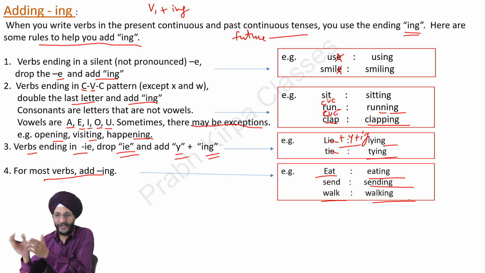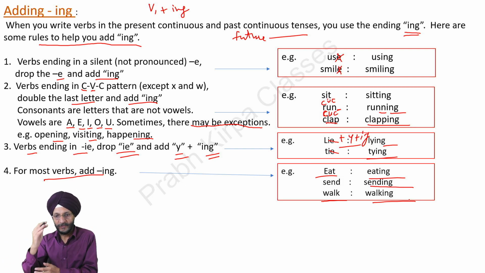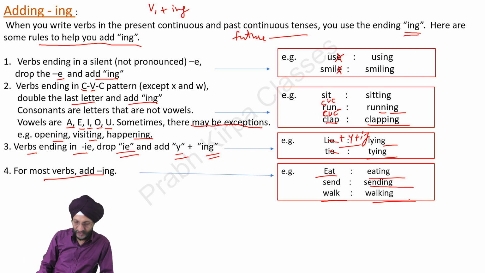How we can add ing, and what will be the formation of the verb after adding ing, whether e will be removed or ie will be removed, you can only learn from online search or through books. When you continue reading, you will remember them.